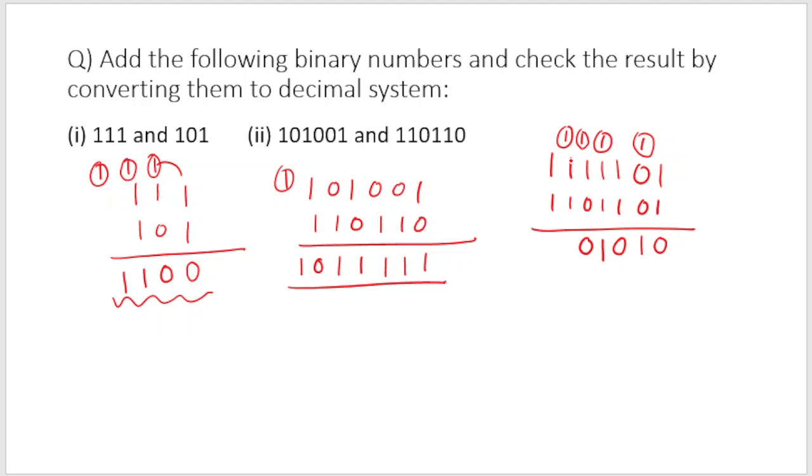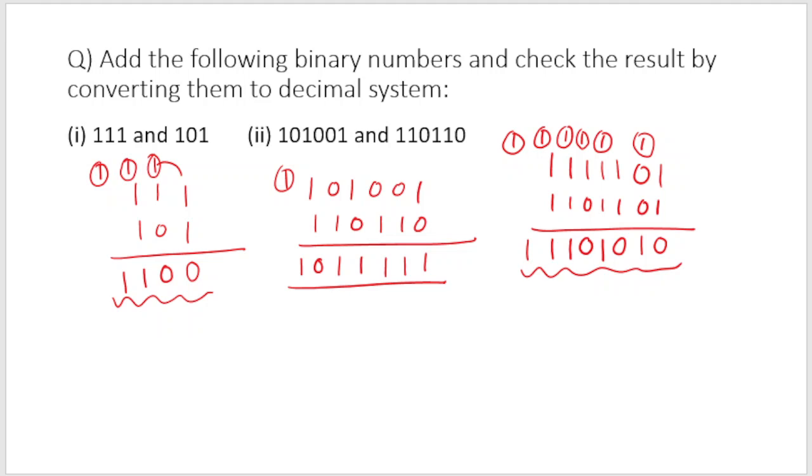Now we have 1 plus 1, that will give me 0, but then 1 will be carried over to the next column. So 1 plus 1 is 0, and 0 plus 1 is 1 here, right? Again here 1 plus 1 is how much? 1 plus 1 is 0, but 1 will be carried over to the next column, and 0 plus 1 is again 1, and here we have 1.